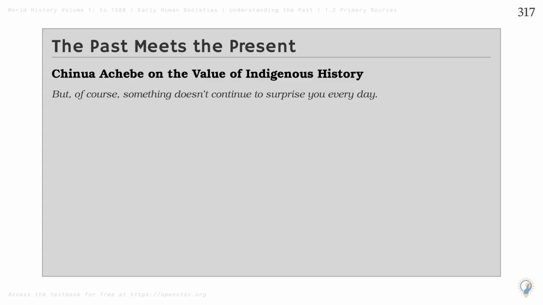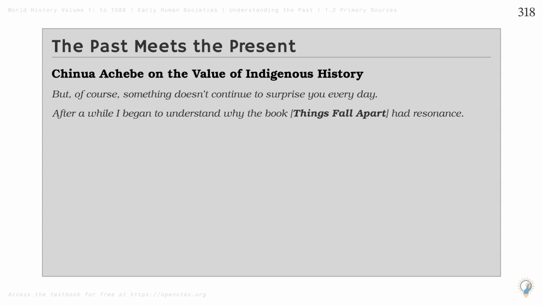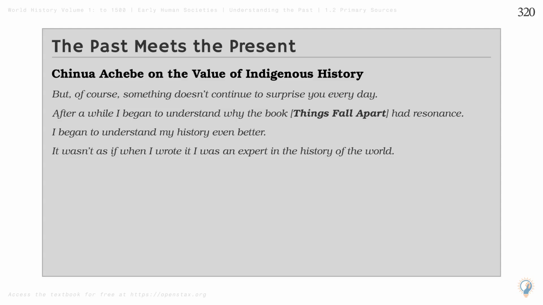But, of course, something doesn't continue to surprise you every day. After a while I began to understand why the book, Things Fall Apart, had resonance. I began to understand my history even better. It wasn't as if when I wrote it I was an expert in the history of the world.